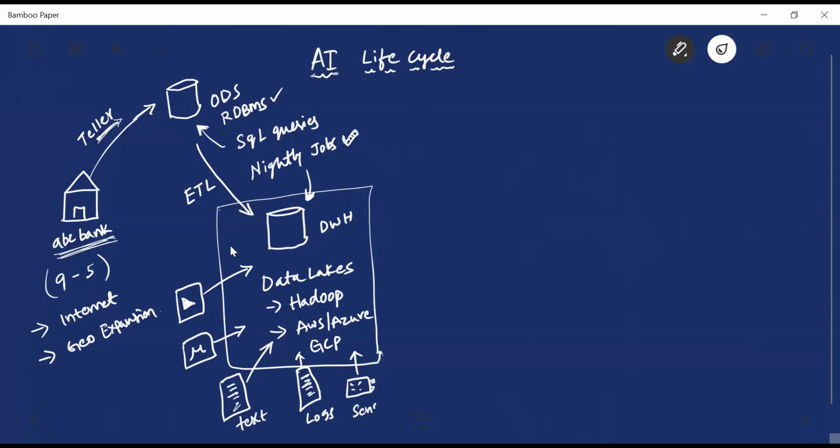So different types of data can be stored, and all this data we will store from different sources.